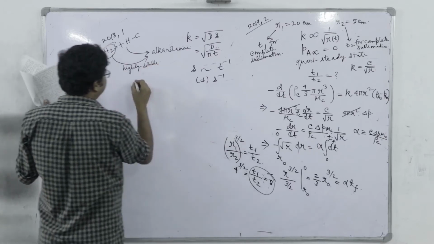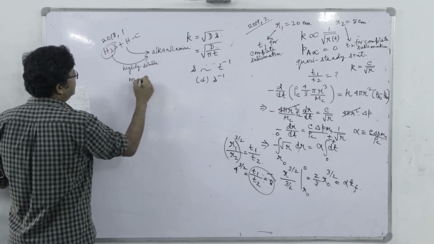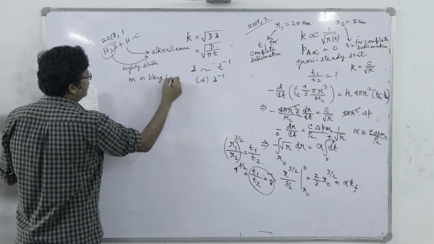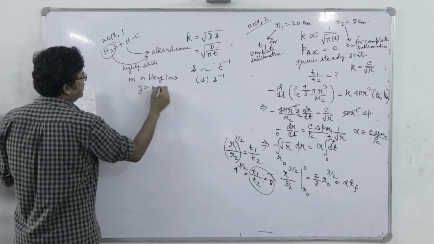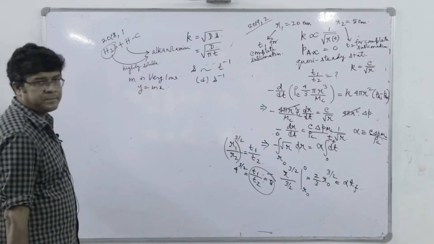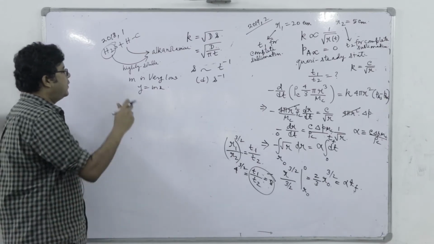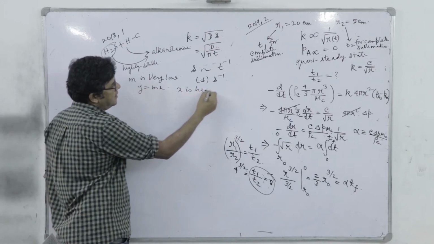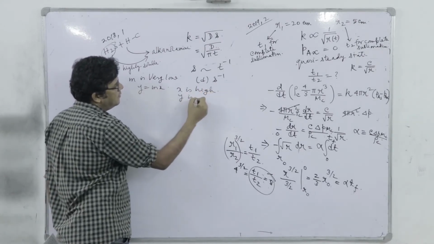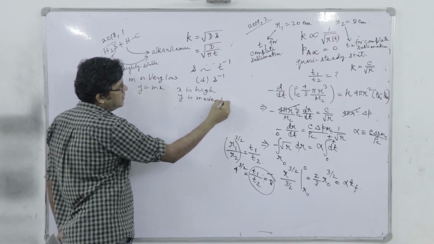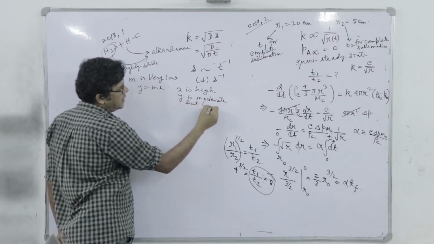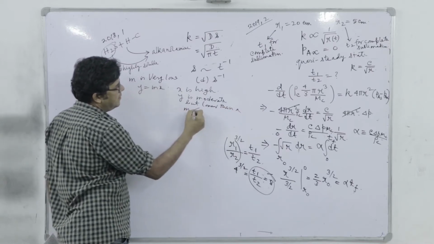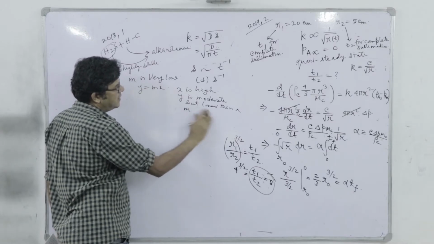So if it is highly soluble, the Henry's law constant must be very low, because you see y equal to mx. So if it is soluble, x is high, y is moderate but lower than x, so m must be low.